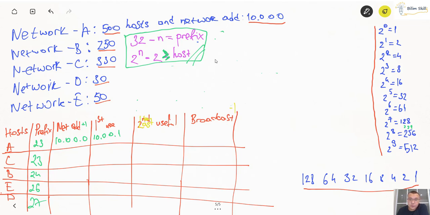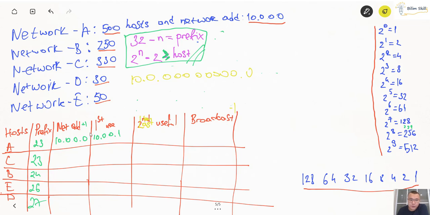So for that we need to find the location of prefix number 23 in this network. We know every octet contains 8 bits, right? So 8 here, 16, and 8 here, 24. So we know that our prefix is here, and we have to write here 10.0.0000000 and 0.